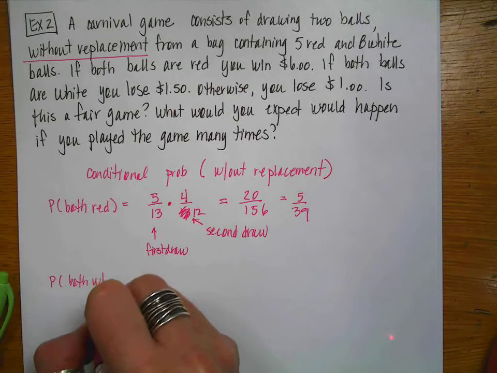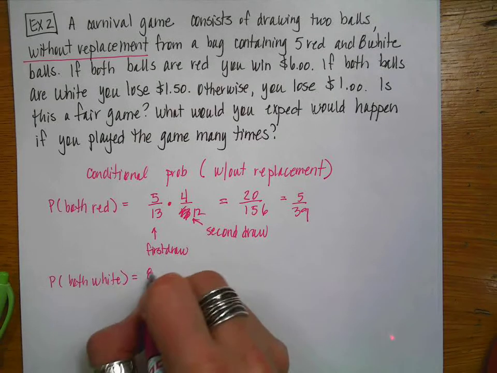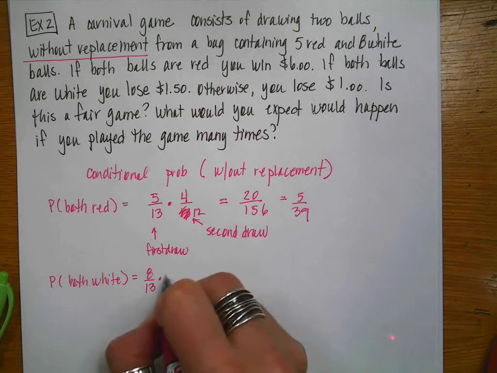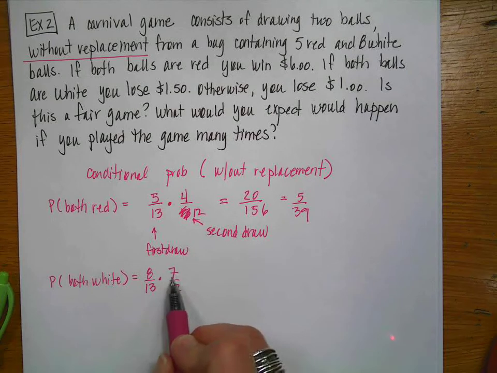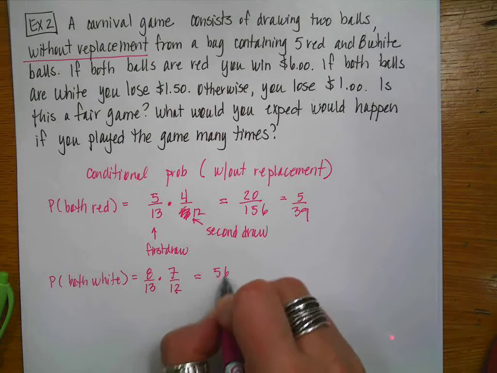So then the probability of both being white is going to be there are 8, so 8 out of 13 on my first draw, and then 7 out of 12. Remember, I've already drawn 1 white one, so the number of white ones goes down, and then the total number of balls that I have to choose from goes down.